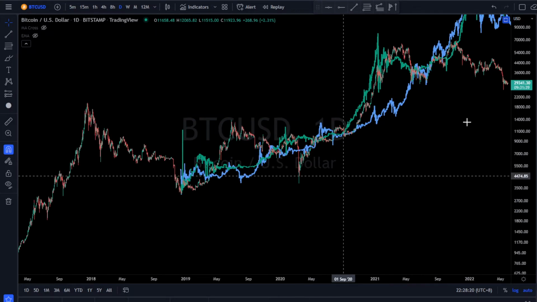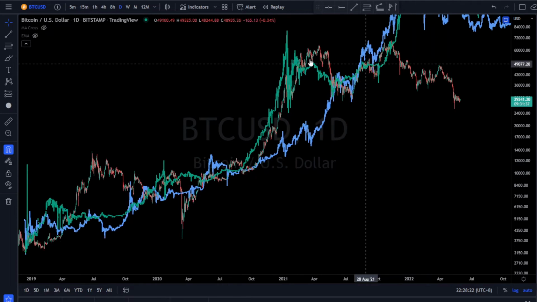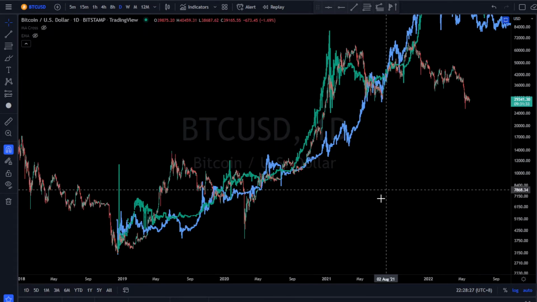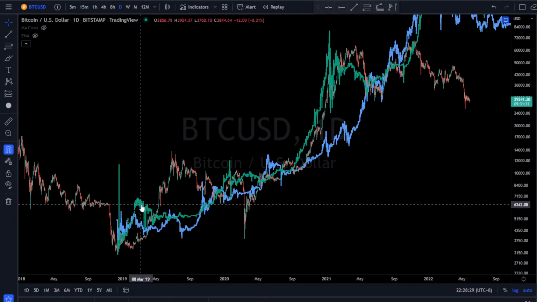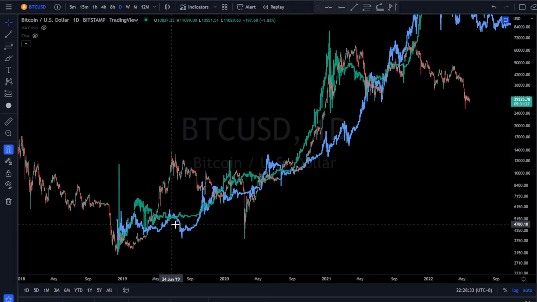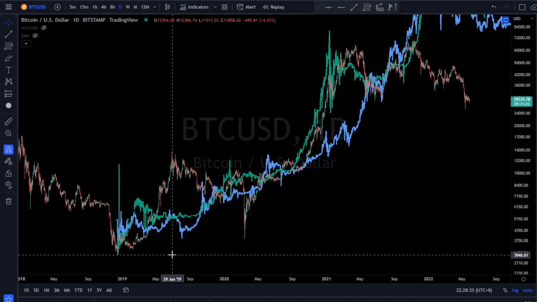Okay, so over here I have the current price in the normal candle chart, and then the green one is the 2013 cycle, and then the blue one is the 2017 cycle. So if we line it up from the low of each cycle, this was the low of the 2020 cycle that we're in right now.